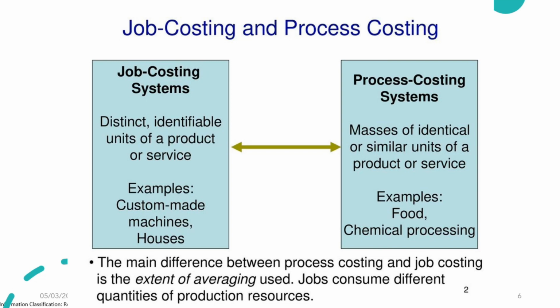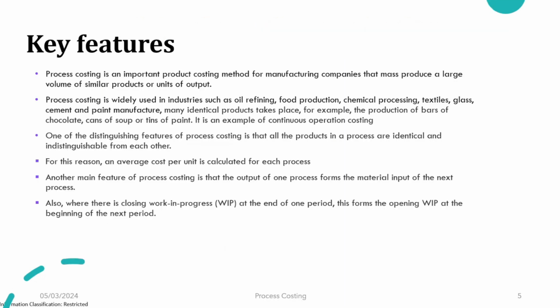So just to summarize the key features of process manufacturing and associated costing: it is an important product costing method for mostly manufacturing companies, mostly associated with mass production in very large volume.